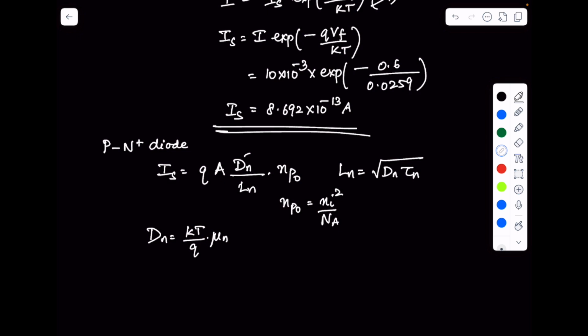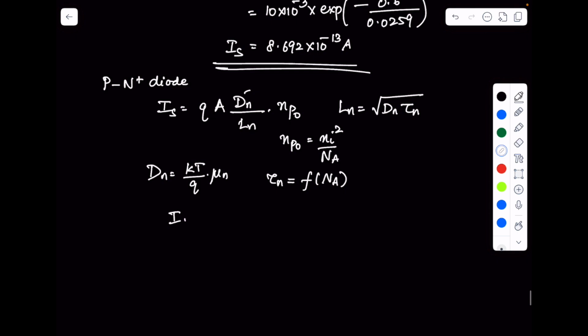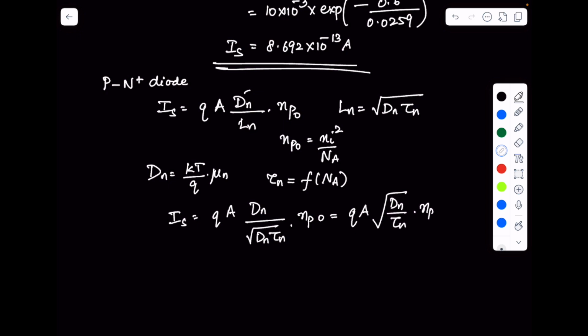And I also need to know what tau n is, and tau n is given to be a function of the doping concentration. So I can write my IS as QA Dn by square root of Dn tau n into Np naught, or QA square root of Dn by tau n into Np naught.